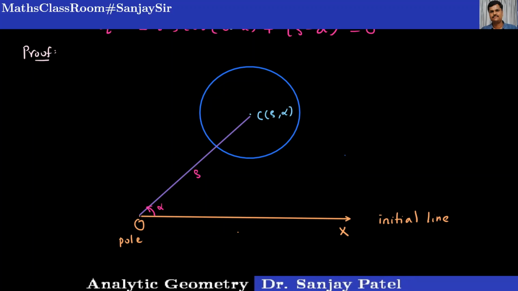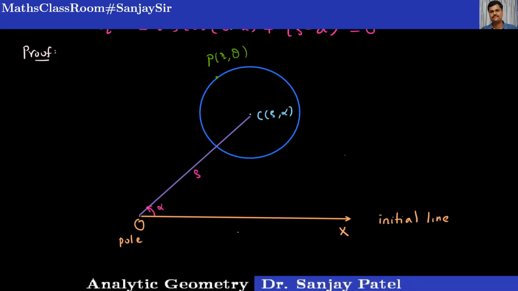So here I take a variable point P(r, theta), which can be anywhere on this circle. So r and theta are variable, they are not fixed. Here rho and alpha are fixed, they are constants.